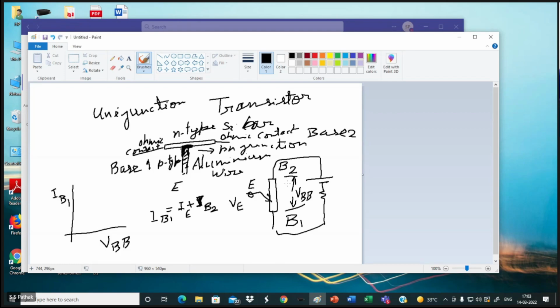You ask any question. Anything that comes to your mind, because this unijunction transistor, I don't think it is taught to you in your first year and second year devices class. If it is taught, it's very nice. Otherwise, UJT is also a kind of negative resistance device.